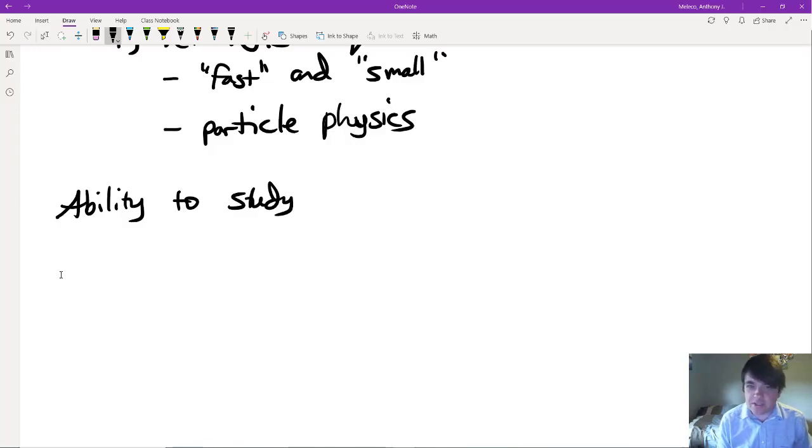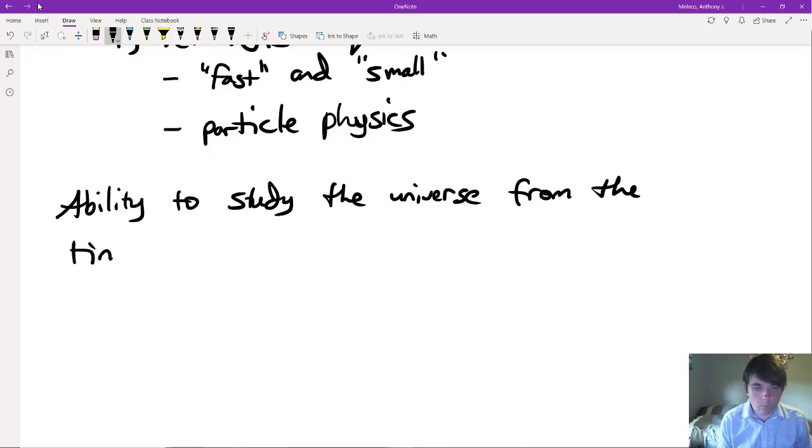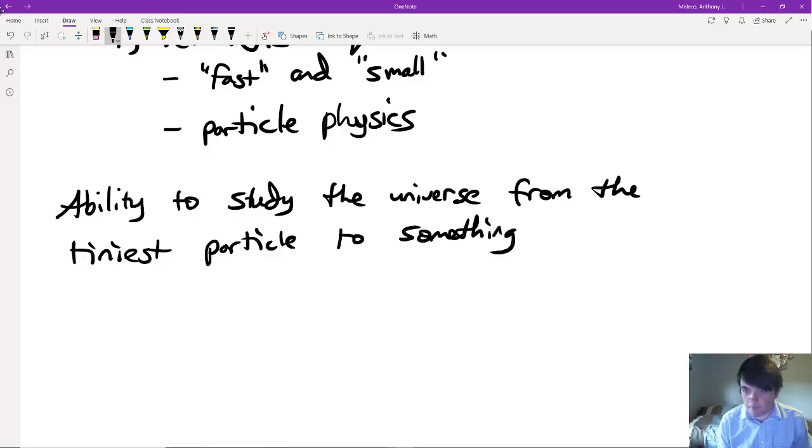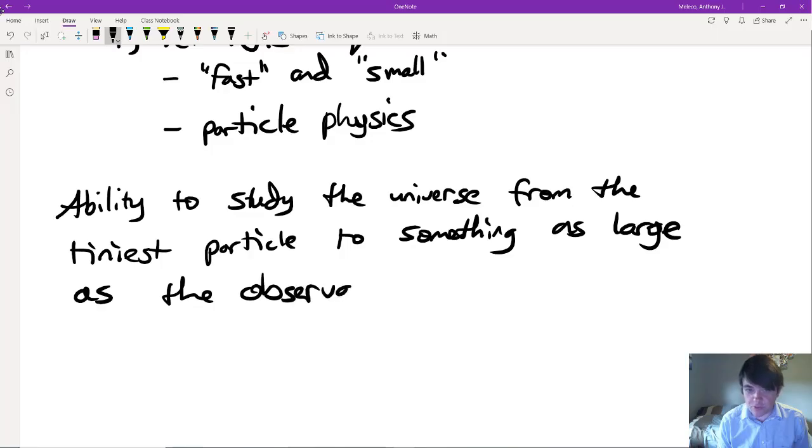This gives the ability to study the universe from the tiniest particle to something as large as the observable universe, which is the range of the universe that we can observe.